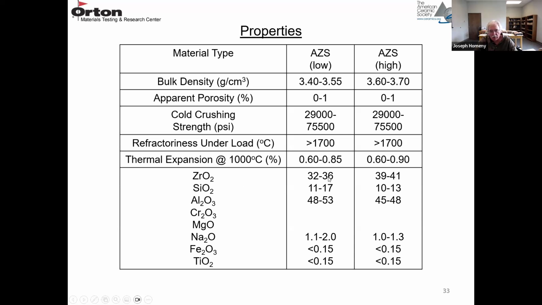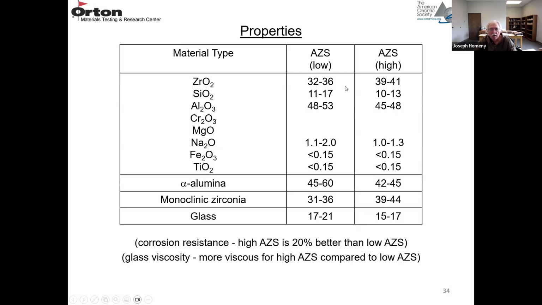So I mentioned the ZrO2 contents. The balance is silica and alumina. Silica will drop and alumina will drop a little bit in the higher zirconia version. And impurities might be Na2O, Fe2O3, and TiO2. So these are the same chemistries I just showed.